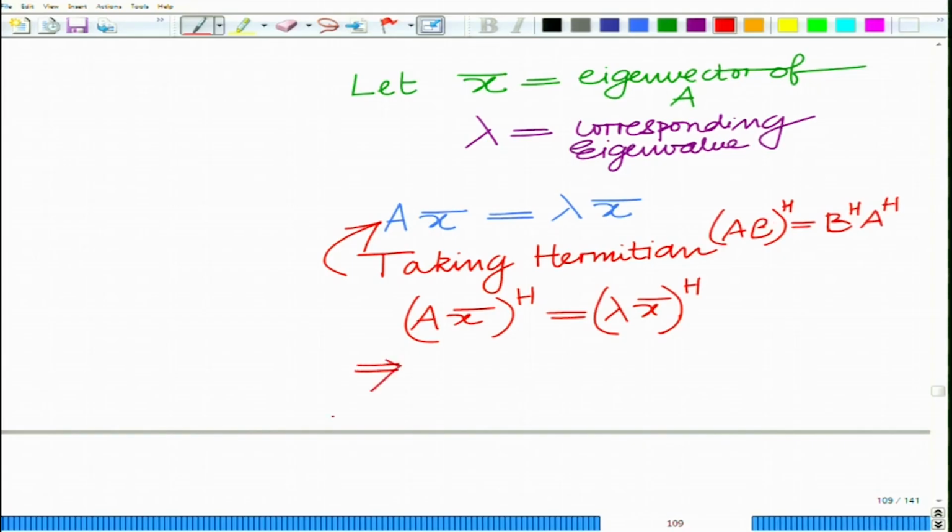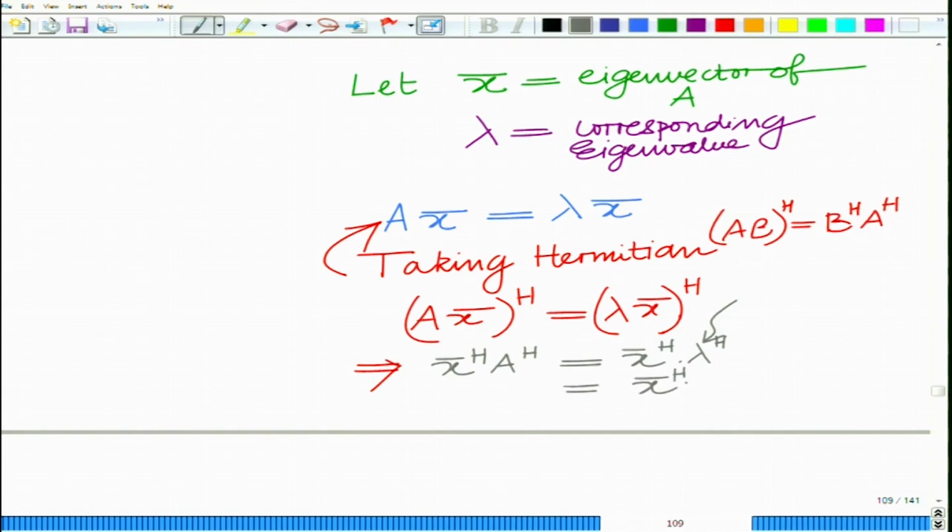So, this implies basically that x bar Hermitian times A Hermitian equals x bar Hermitian times lambda Hermitian, but lambda is a scalar.